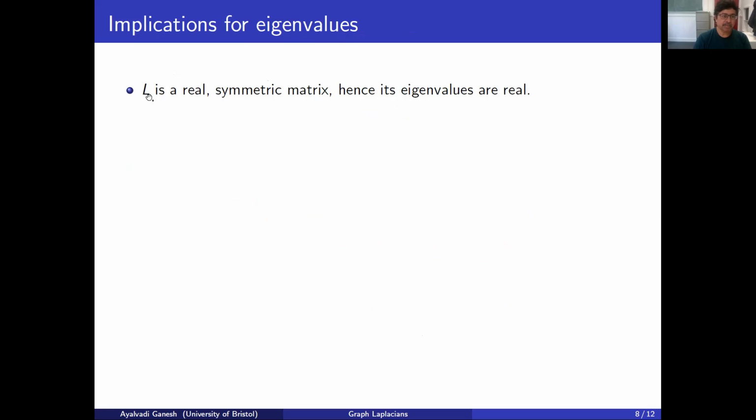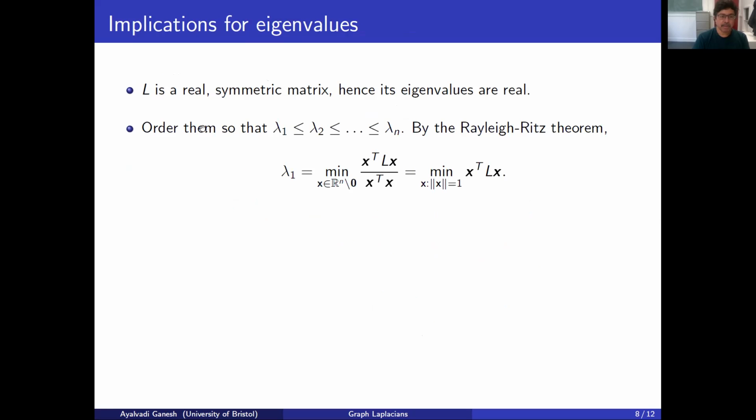So first observe that L is a real symmetric matrix, so it's a Hermitian matrix, and so its eigenvalues are real. And because they are real, they can be ordered. We can compare two eigenvalues and say this one is bigger than that one. And so we can order them in increasing order.